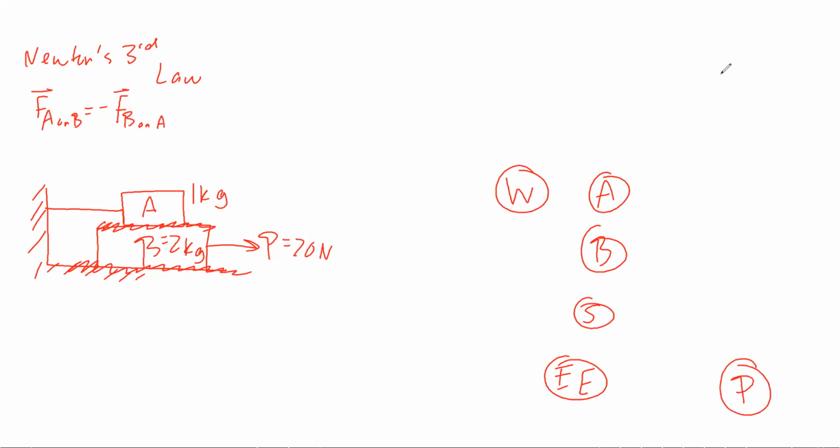So when drawing this diagram, make sure to label everything. I'll do that down here. W is the wall. P is the external agent, whatever that is, doing the push.